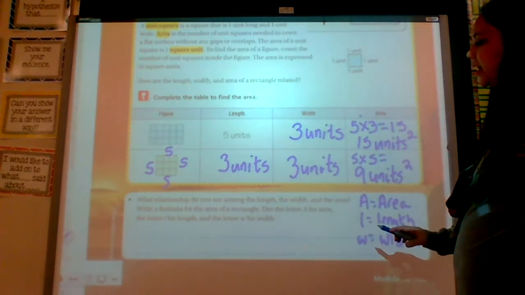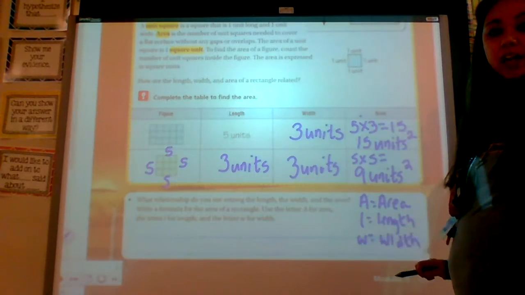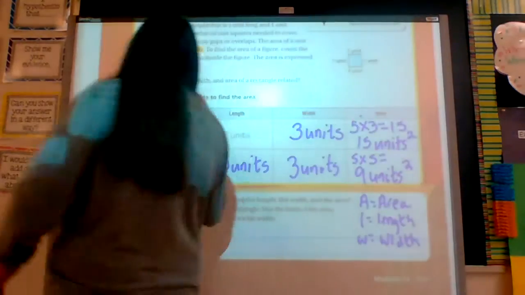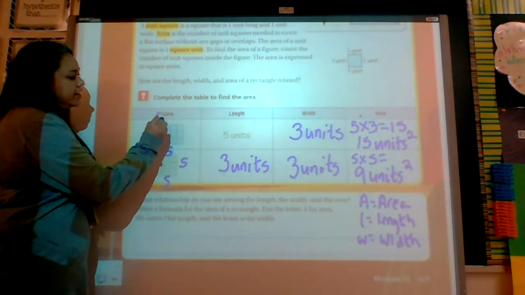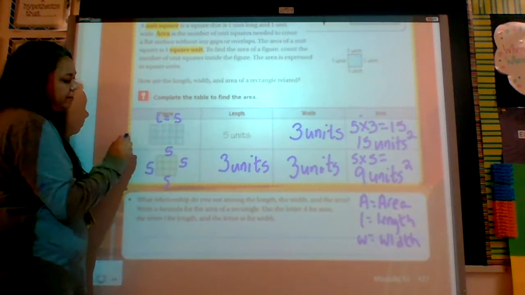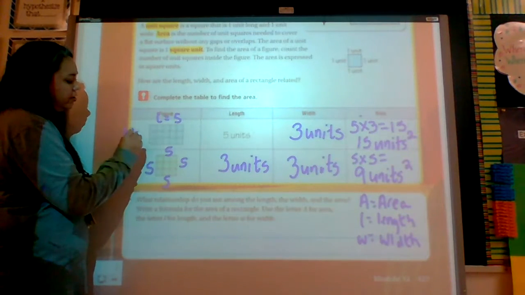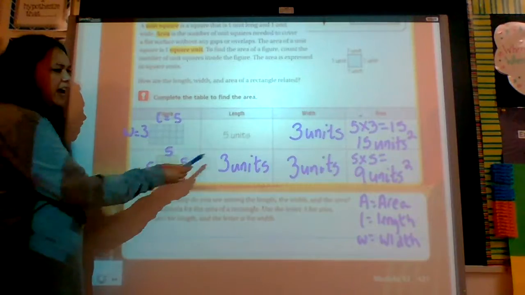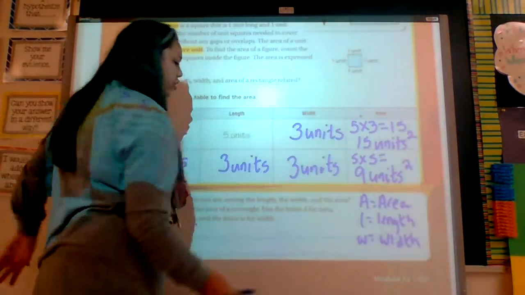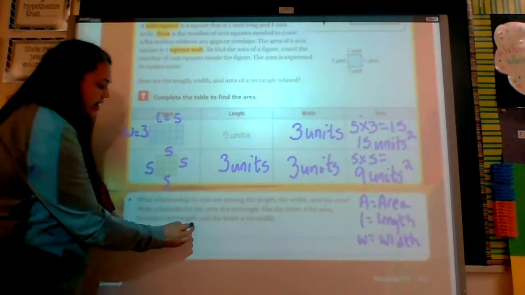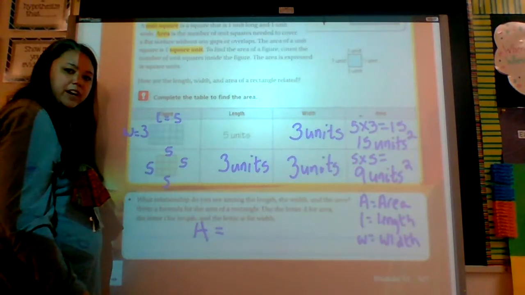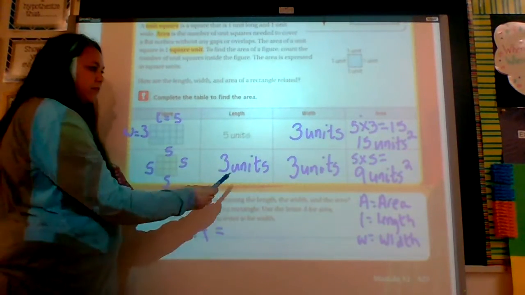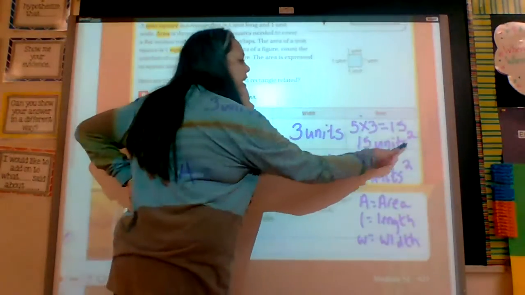I like to come back and look at an example that we have done already. So I'm going to come back over here, and I know the length of this. This is my length, and it equals 5. And this was my width, and it equals 3. So how did we find that relationship? How did we find that area A? Because this was the area.